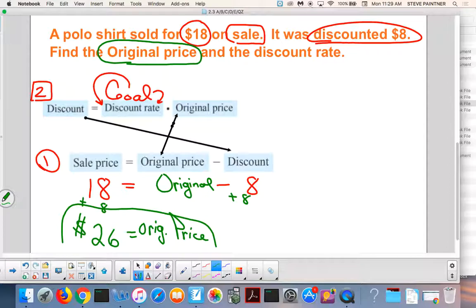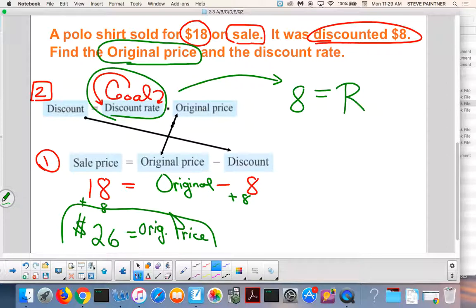And guess what? The discount rate is always going to be the goal. So slide on over here. What was the discount? Okay, guys, the discount is right here. It's 8. The goal is to find the discount rate. Call it R. It's a percentage times the original price. What's the original price? 26. Yeah, that's what you found.